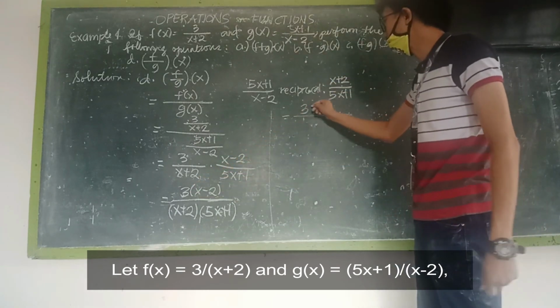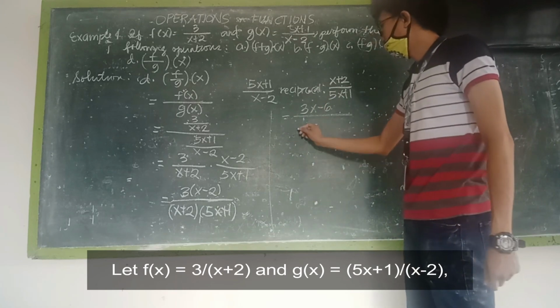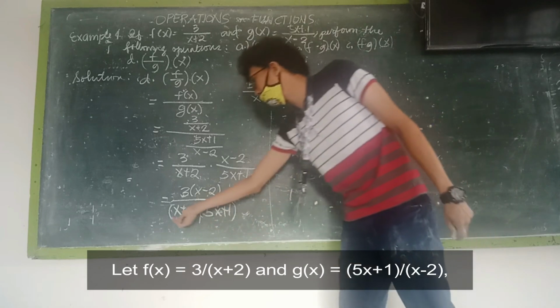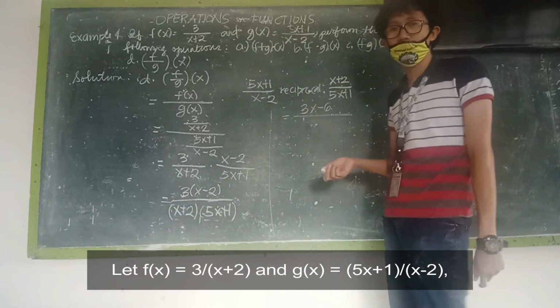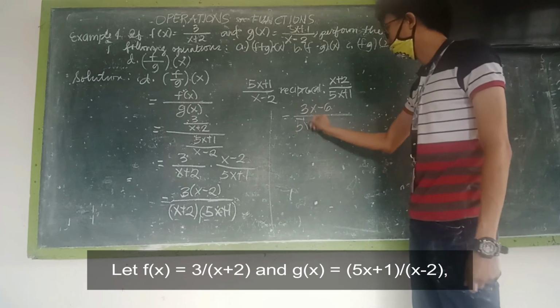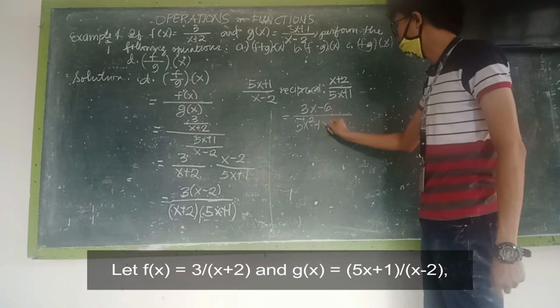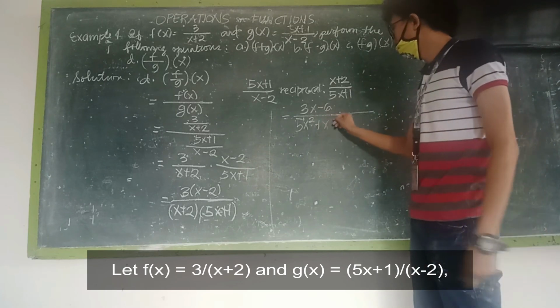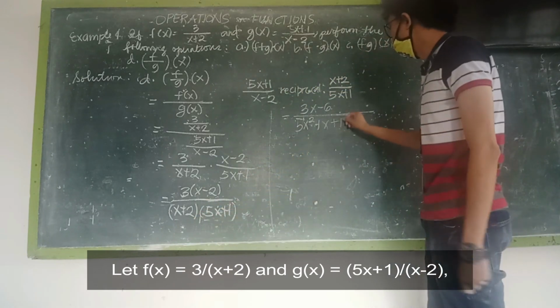So, you have 3x minus 6 all over. FOIL method tayo, so mauna ang first term. x times 5x is equal to 5x squared. Then, x times 1, plus, rather, 2 times 5x is 10x.